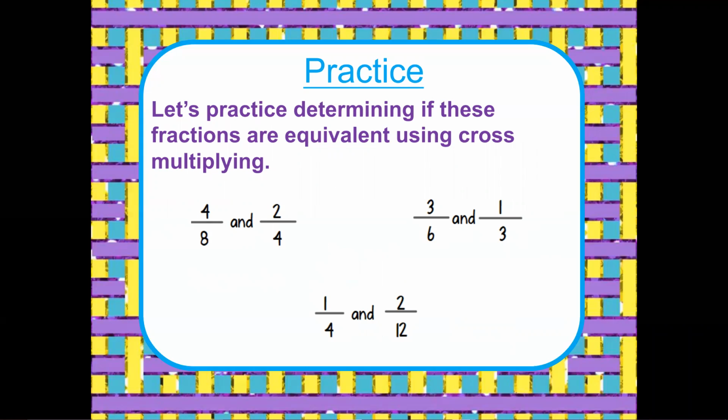You're going to multiply the denominator in the second fraction by the numerator in your first fraction. 8 times 2 is 16, and 4 times 4 is also 16. So when you cross multiply, both products are 16 and 16. So 4/8 is equal to 2/4.